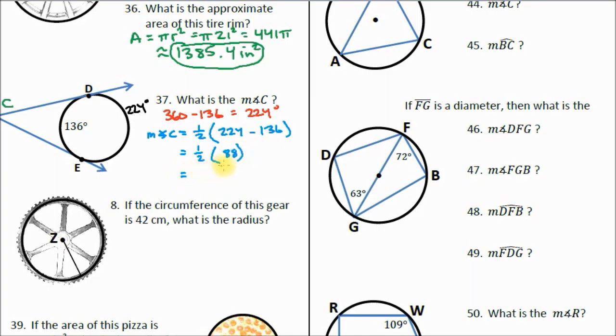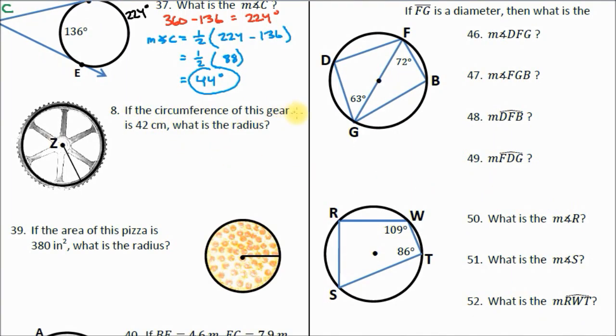And 1/2 of 88, you can do that two ways in your calculator. 88 times, in parentheses, 1/2, or 1 divided by 2, close parentheses, or just 88 divided by 2. Same thing mathematically, and we end up with a measure of angle C is 44 degrees.